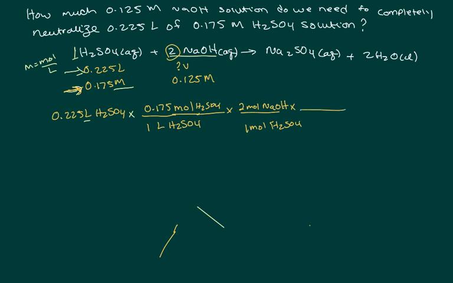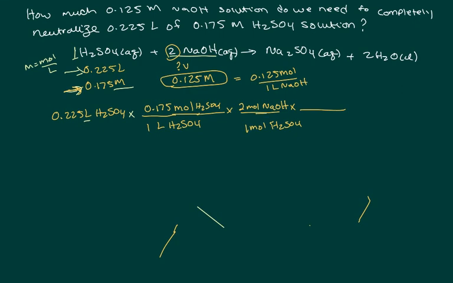I'm not done yet because I'm being asked how much of this solution in terms of volume, because this is an aqueous solution. Well, I have the molarity here. The molarity is telling me that for every 0.125 moles of NaOH, I have 1 liter of NaOH. Okay, so I can use that as a conversion factor.